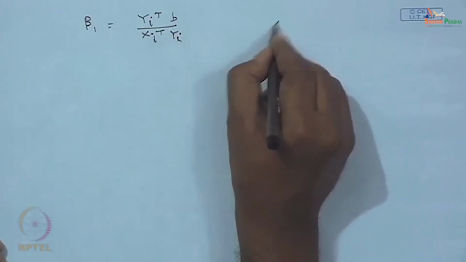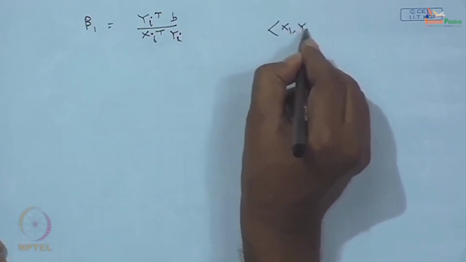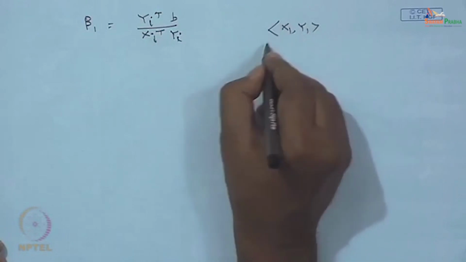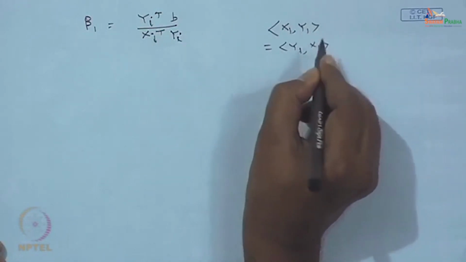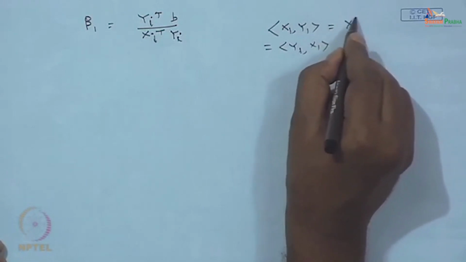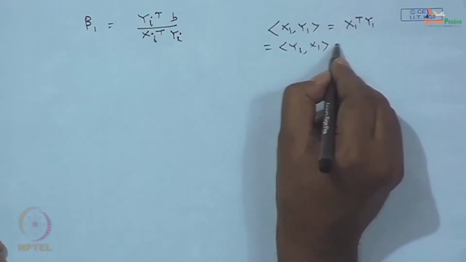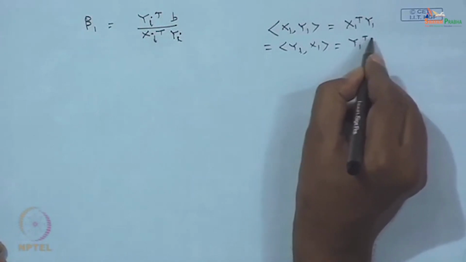You can always argue that the inner product of x 1 and y 1 is equal to the inner product of y 1 and x 1. So, what is x 1 transpose y 1? That will be identical to y 1 transpose x 1.